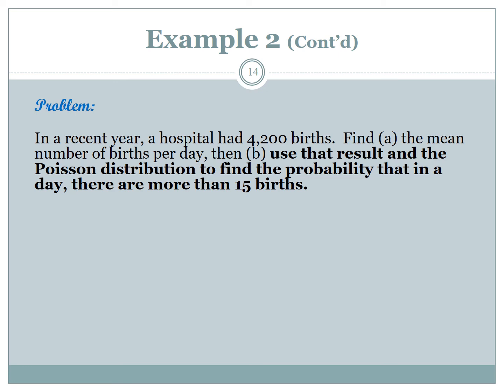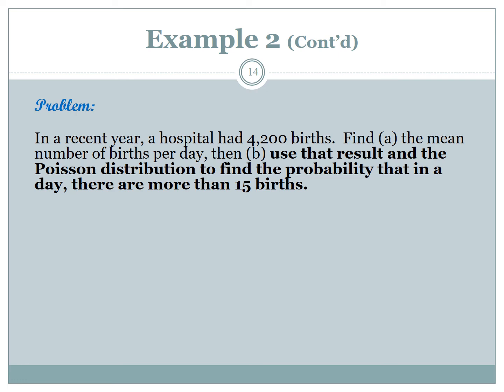So that part says, use the result and the Poisson distribution to find the probability that in a day there are more than 15 births. Now, more than 15 does not include 15. The other thing is we cannot use the probability CDF straight up because that gives you less than or equal to.